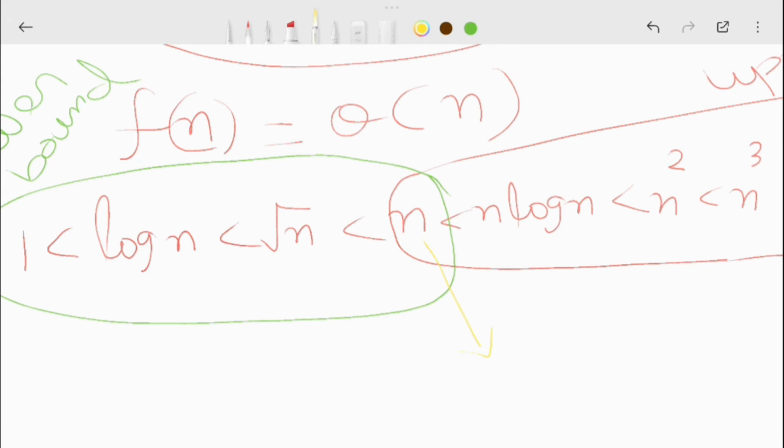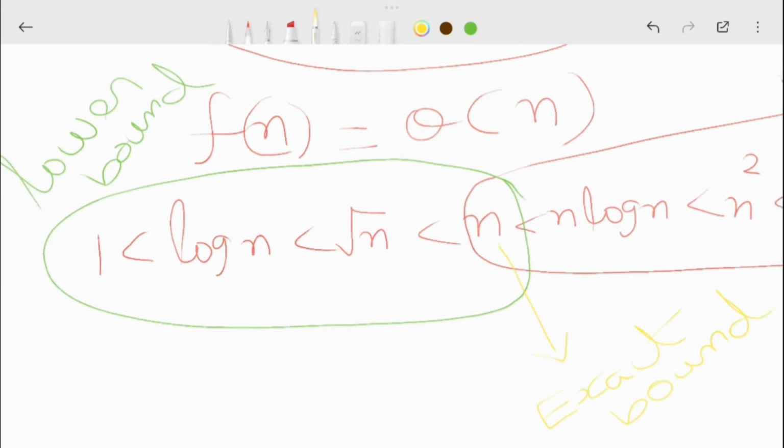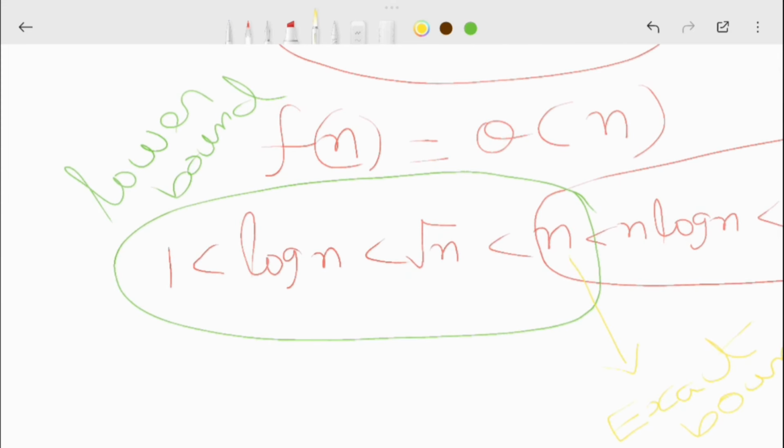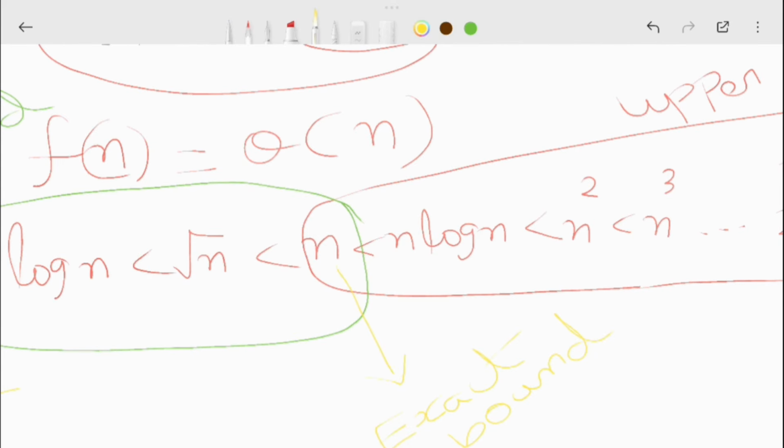So this is the exact bound of an algorithm. This is big omega notation, these belong to big O notation, and this belongs to theta notation. So this is about asymptotic notations of time complexity of algorithms.